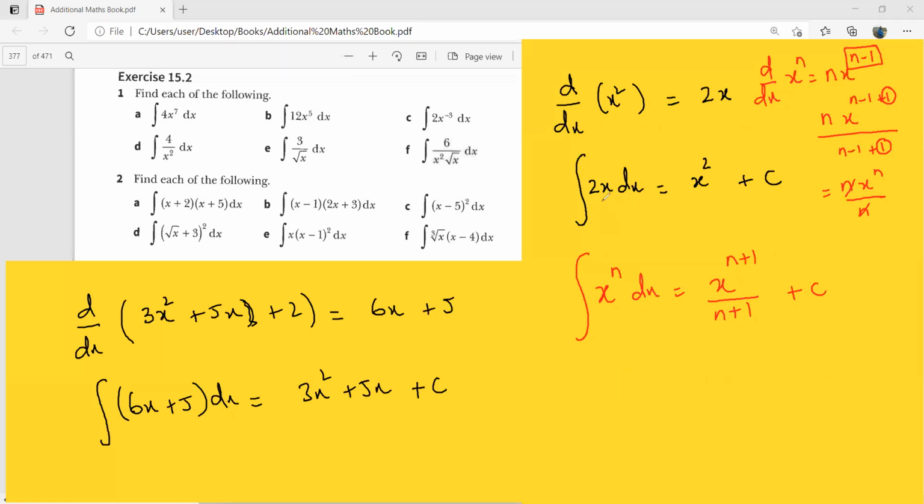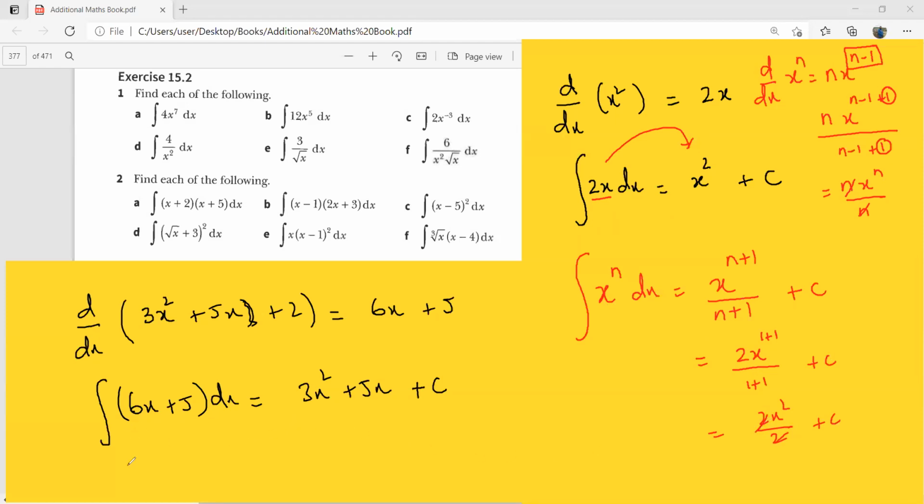So look at how this 2x once again becomes x square, because if you apply this rule here, this would be 2x to the power 1 plus 1 over 1 plus 1, and then plus c. So this is going to be 2x square over 2 plus c, and you get x square back, okay?